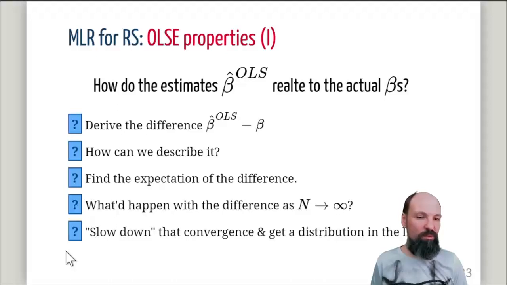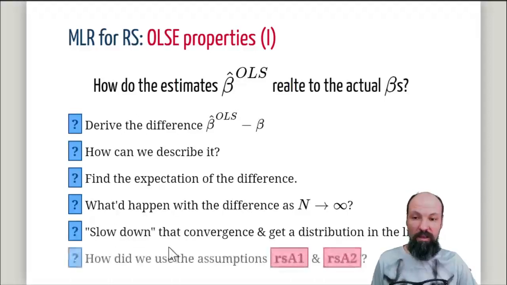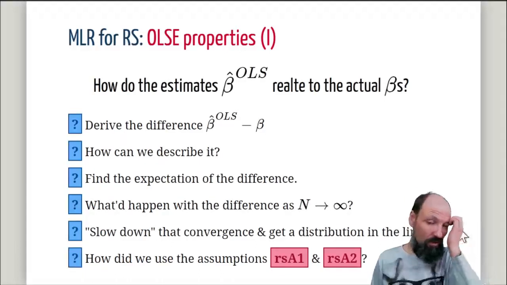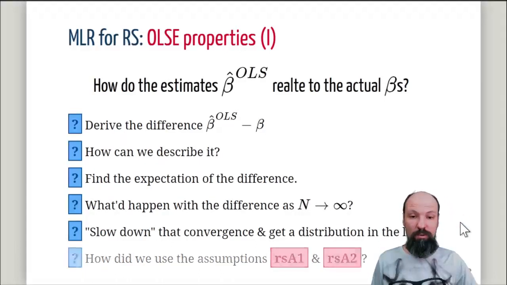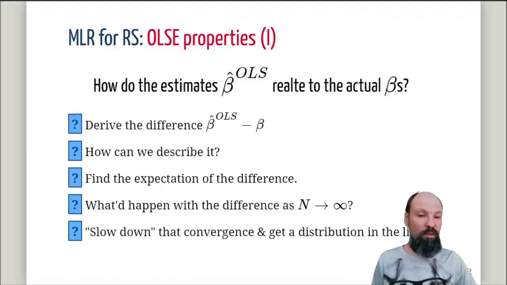So you can imagine this. You saw it many times. Square root of n times something ugly, as n grows to infinity, converges to something random. And that, before, would be called applying the central limit theorem to get the asymptotic normality of the estimates.